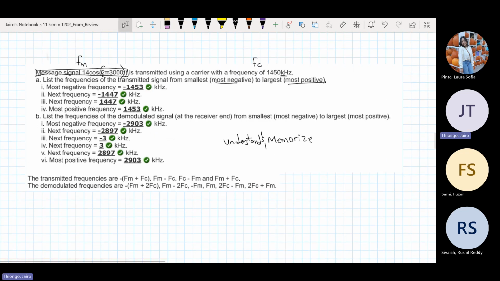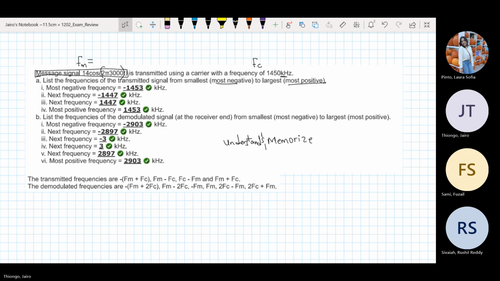So let's first get the F sub m. Mostly, in this notation, it's usually given as amplitude times cosine of omega, which is a frequency, plus or minus the phase shift. That's the way most of these signals are usually given.